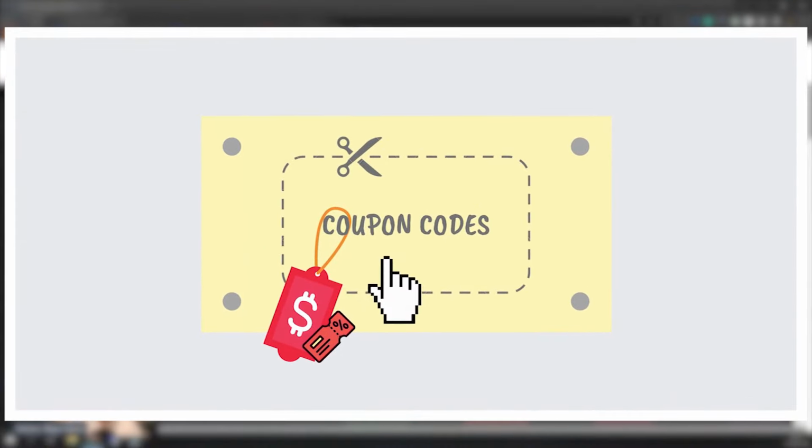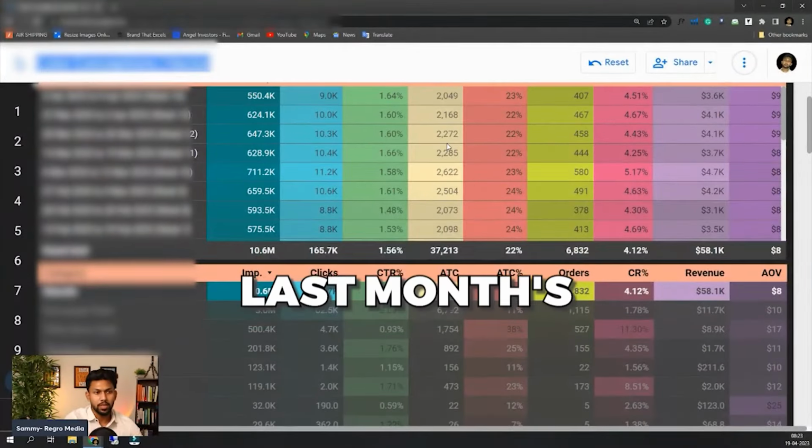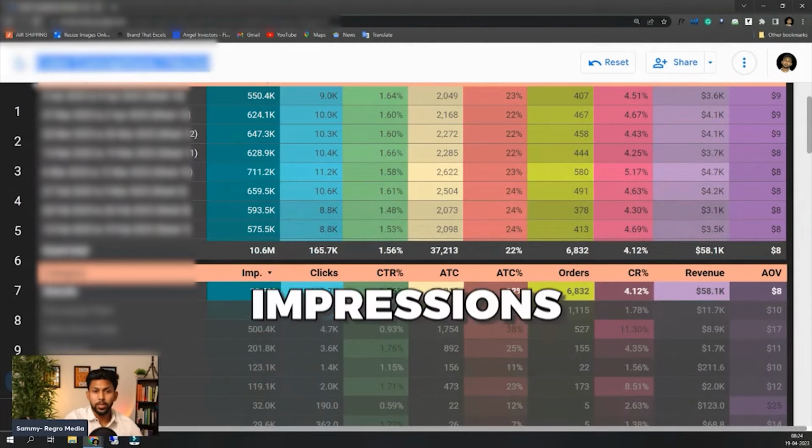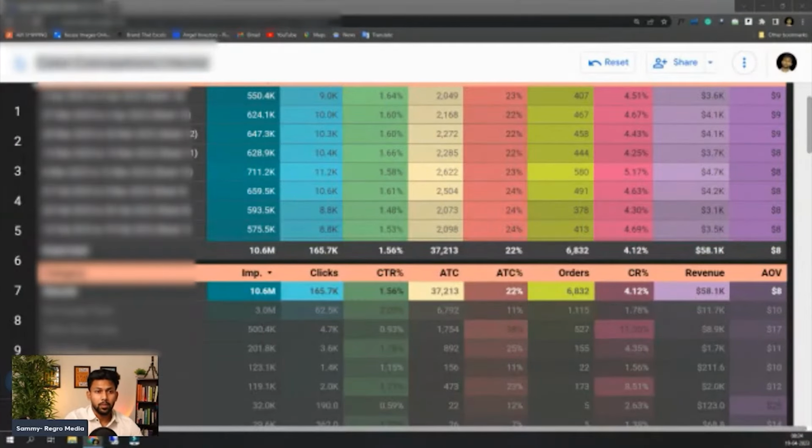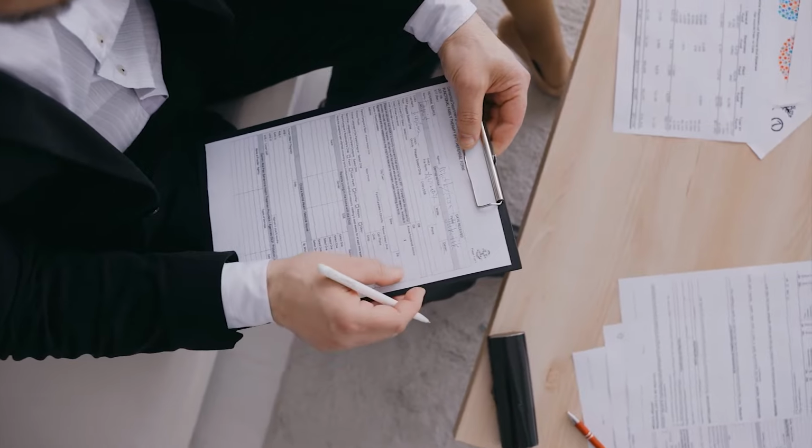Now with this report, you can also see one thing. If you see that your last month's impressions were down, this report can also give you some more important data here.